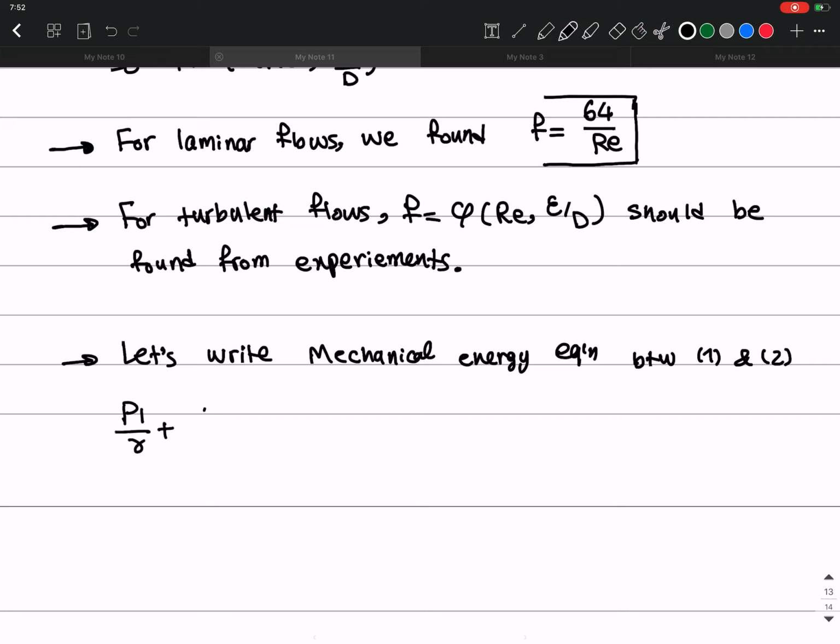And again, I have to write it to be accurate with a correction for velocity, because velocity is not necessarily uniform.